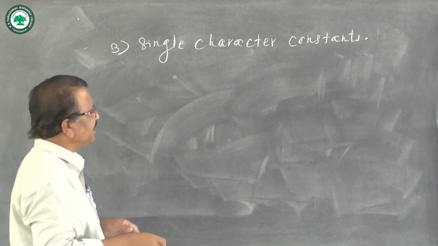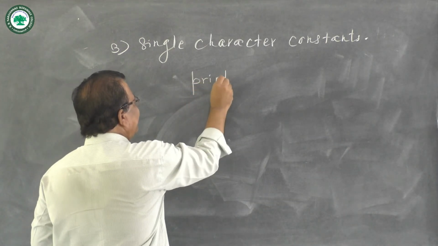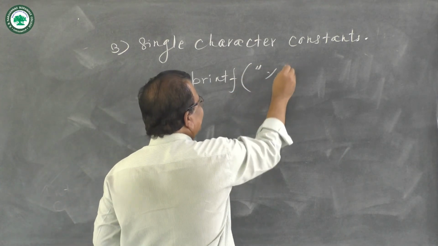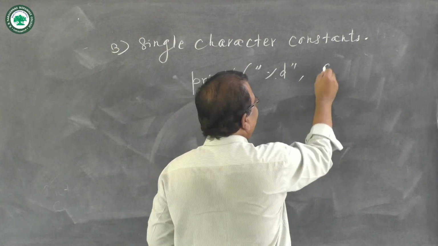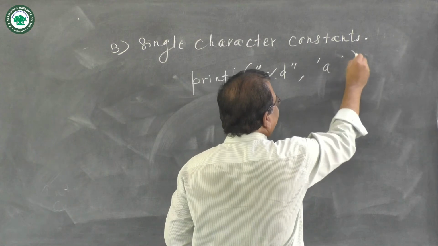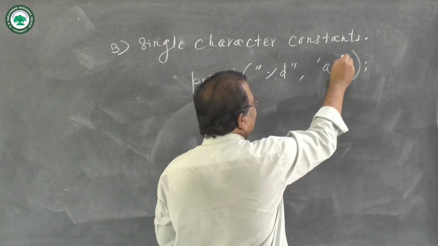Here is an example. Here I am writing a C statement, printf, then double quote, percentage d, and then double quote complete, and comma, and I want to print the ASCII value of small a. So I have written that single character constant small a.